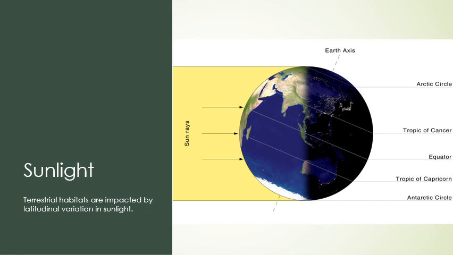Basically, if you're near the equator, here, sort of center of the Earth, if you were to slice it, you're going to be getting direct sunlight for a longer portion of the day. At either pole, you get more indirect sunlight. So that variation in the amount of sunlight means there's a lot of variation in the amount of energy at any given point on the Earth.